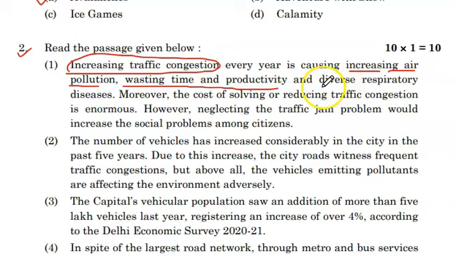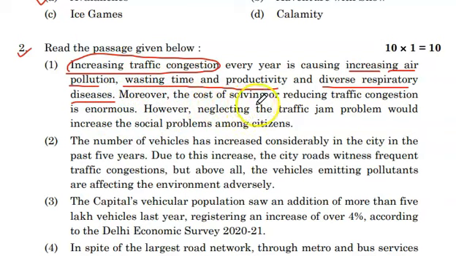Problem number three, several respiratory diseases. So increasing traffic congestion has a number of adverse impacts. It increases air pollution, it wastes our time and productivity, and it also causes a number of breathing related diseases.